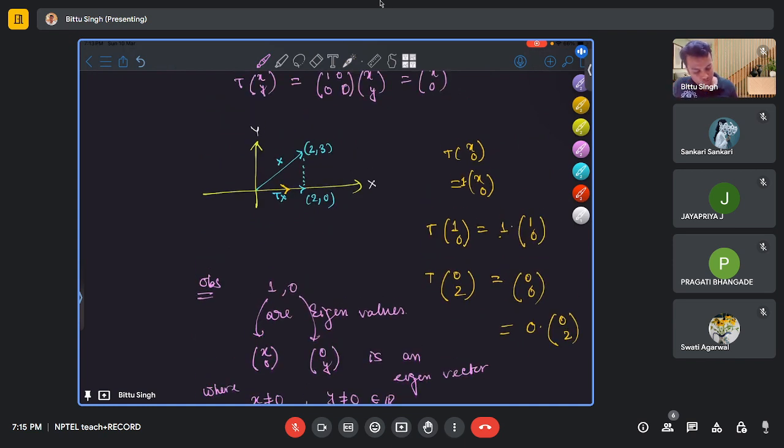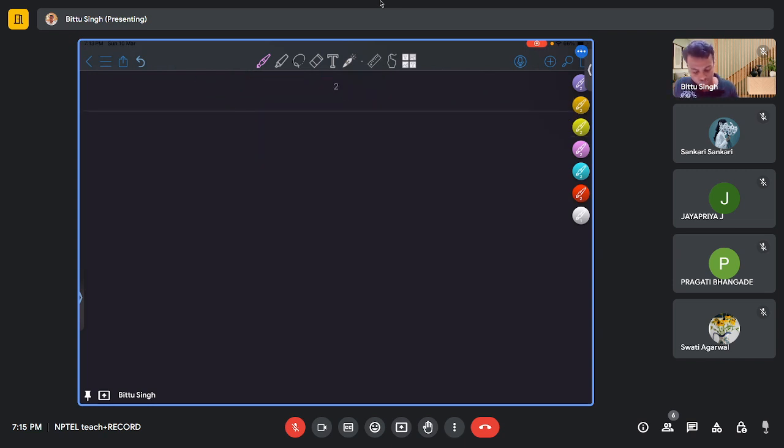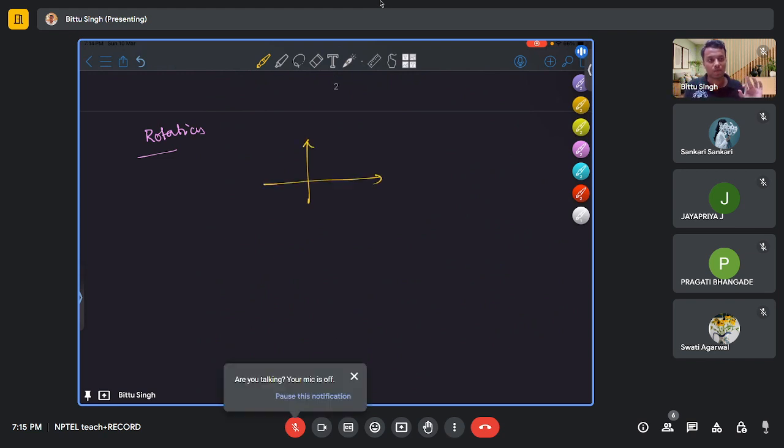So we have considered this projection. Let us consider another transformation, that is rotation. Suppose we rotate by some non-zero angle theta.